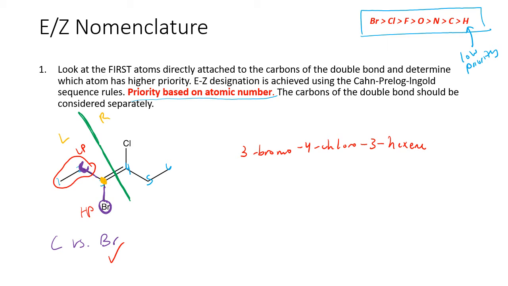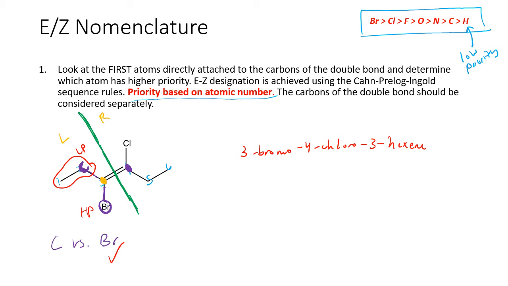So then we do the same thing over on the right-hand side. So now we're working on the right-hand side of our imaginary green line. And coming off of this position right here, I'm not counting that one because both sides have that same carbon-carbon double bond. So I look at each atom one at a time coming off of that spot.